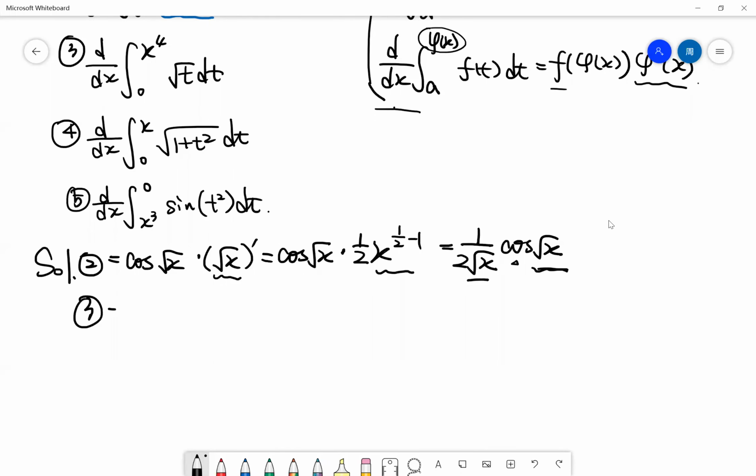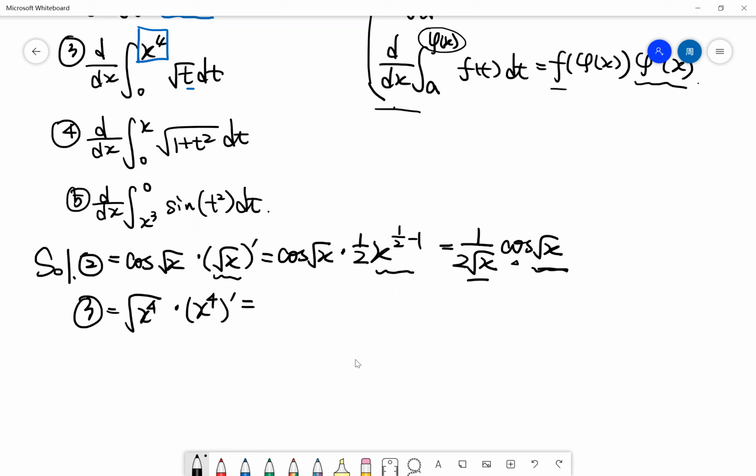Number 3, same way. Here, the upper limit, that is x power 4, right? So treat it as a whole and replace t here. So the first part should be square root of x power 4, and then times x power 4 prime.